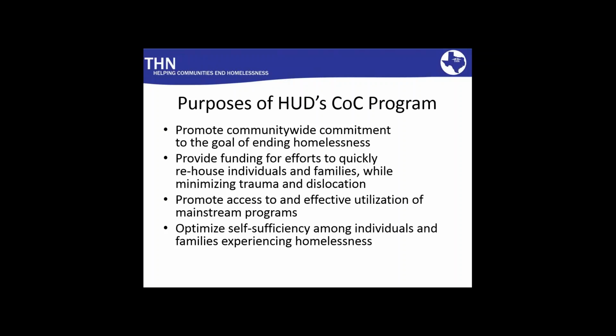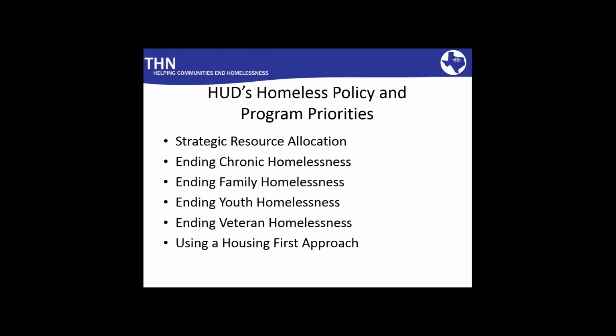And then optimizing self-sufficiency for individuals and families. HUD's homeless policy and program priorities probably sound very familiar to you: strategic resource allocation, ending chronic homelessness, family homelessness, youth homelessness, and veteran homelessness, and then using a housing first approach.